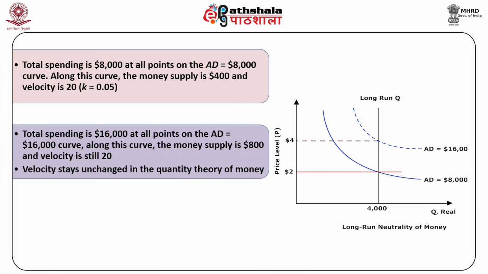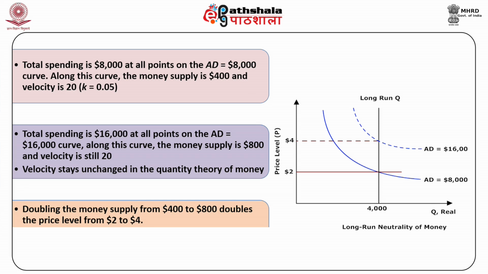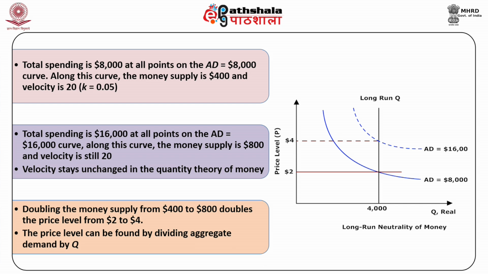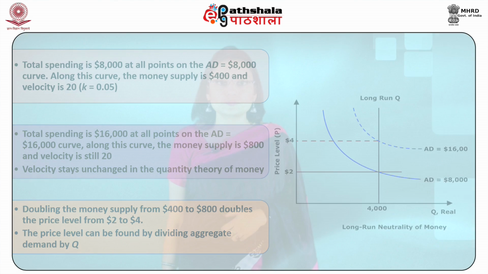Along this curve, the money supply is $800 and the velocity is still 20. Third, the velocity stays unchanged in the quantity theory of money. Fourth, doubling the money supply from $400 to $800 doubles the price level from $2 to $4. Fifth, the price level can be found by dividing the aggregate demand by Q.